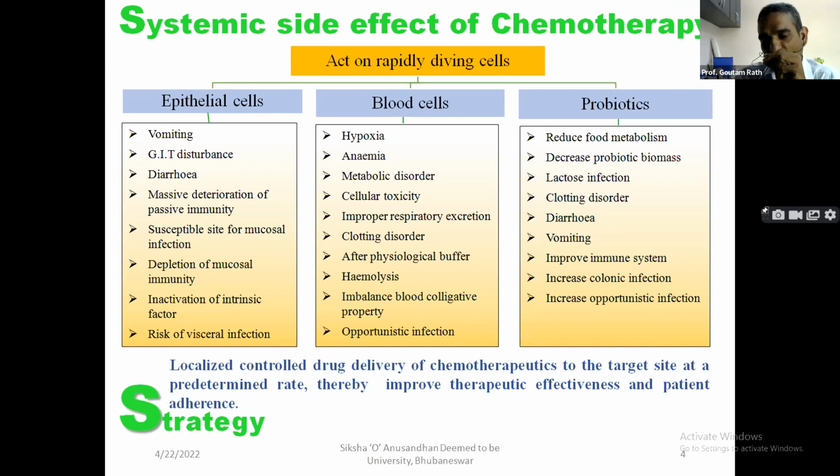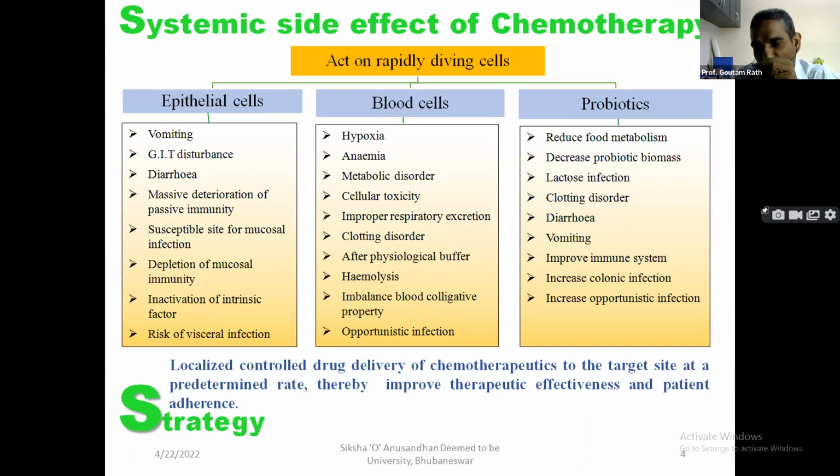The major aspect of designing a drug delivery system is to make the drug localized near the cancer cells, so that the required dose may be reduced and dose-dependent toxicity may be reduced, and the therapeutic potential of the drug may be further enhanced due to accumulation of the drug near the cancer cells. So these are the objectives.